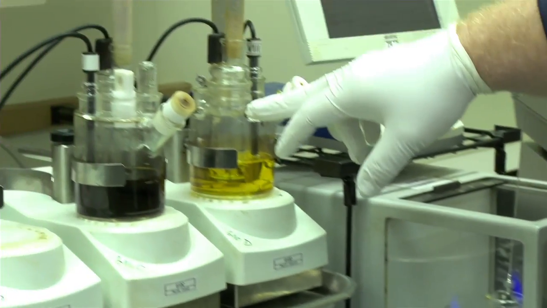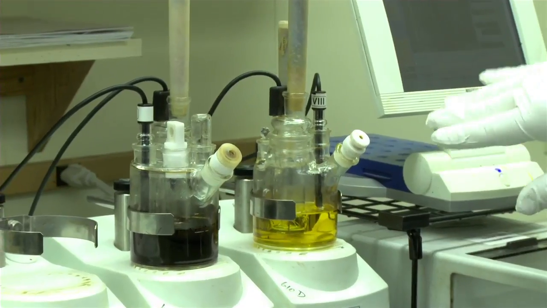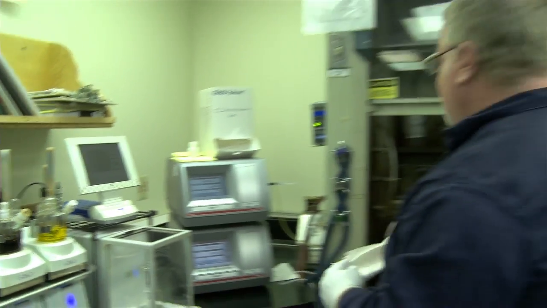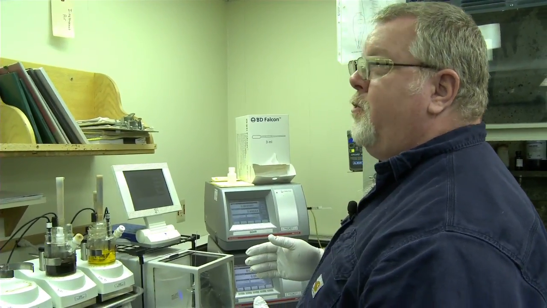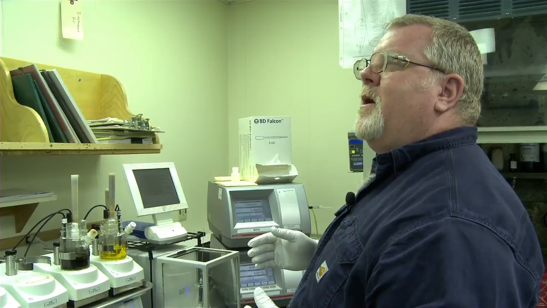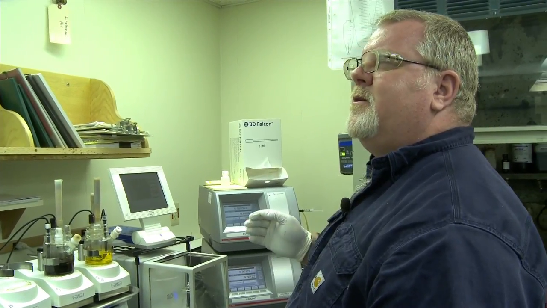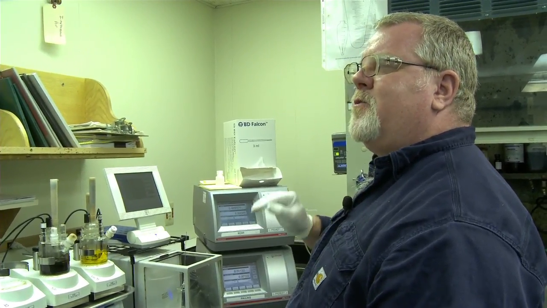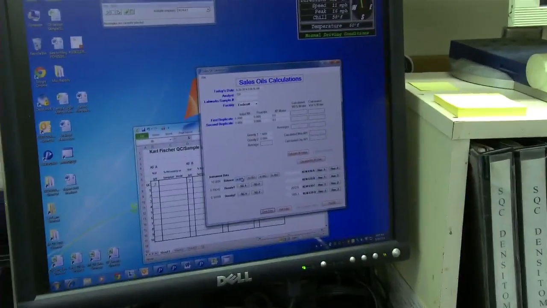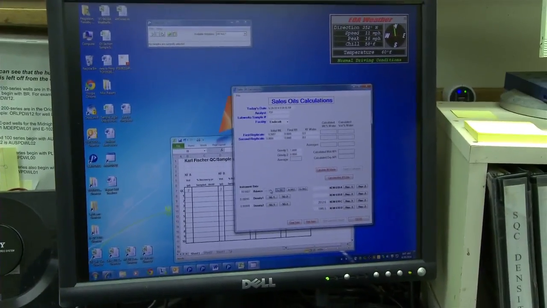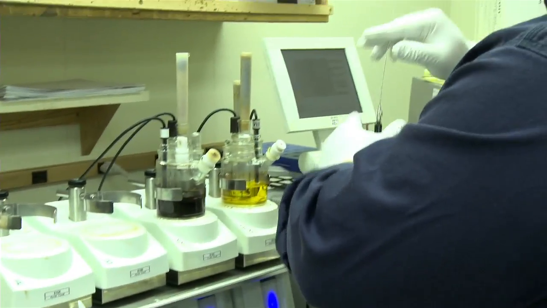There's an anode and a cathode, and as the reaction occurs, it measures the amount of current that is used, and that's relative to the amount of I2 that is formed, which is directly proportional to the amount of water in the sample. So we do this analysis by weight, and I have a worksheet here.